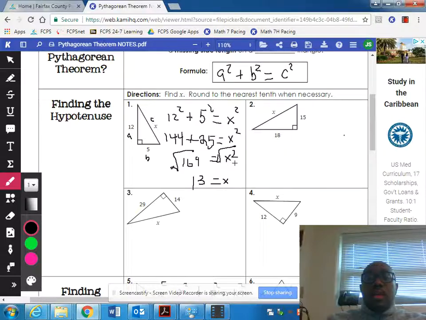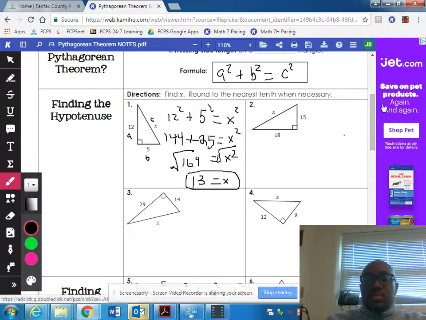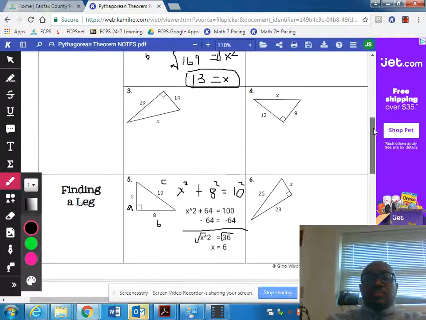The square root of x squared is just x, and the square root of 169 is 13. So our final answer is x equals 13. This side length over here is 13.